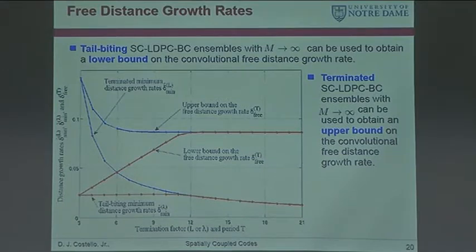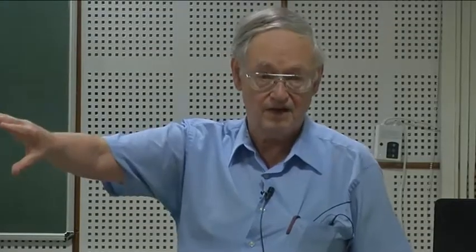This is just an idea of how we took block code ensembles, two different types, one with termination with a tail and the other with termination without a tail, and we applied the same kind of minimum distance bounding techniques for the minimum distance growth rate of those block code ensembles that we talked about yesterday.